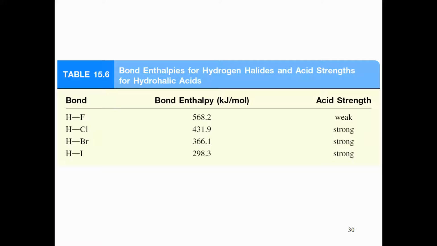So here we see the strength of the bond between hydrogen and fluorine, hydrogen and chlorine, hydrogen and bromine, and hydrogen and iodine. Okay? So here, this one has the strongest bond, therefore it's the weakest acid, because it holds on to it more tightly than the others.